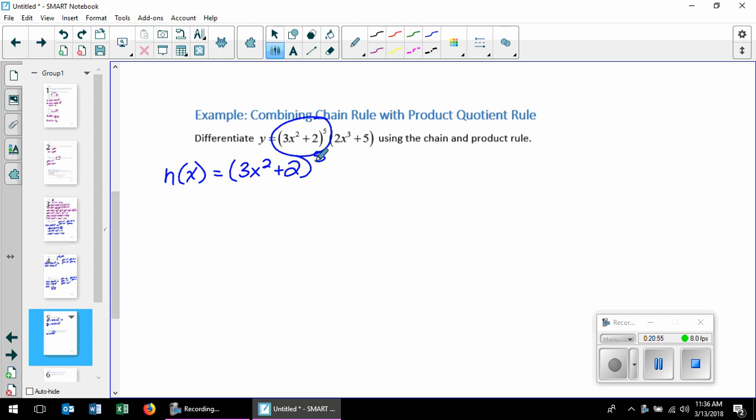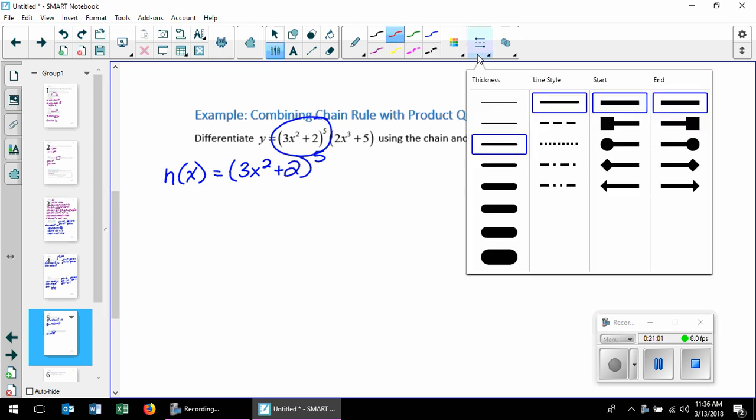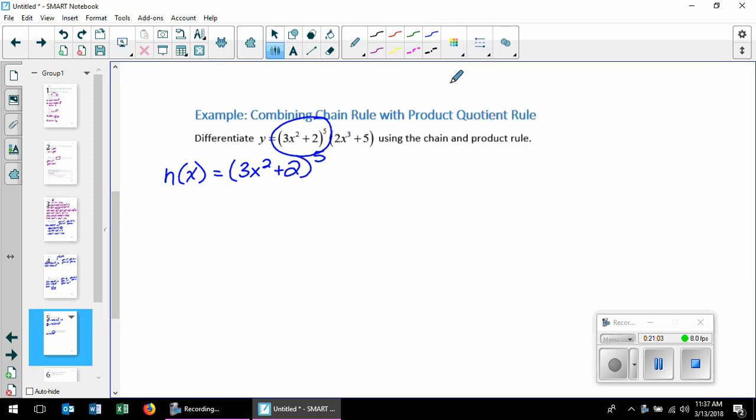So now I'm going to ask you to apply the chain rule to that. Let's break it down into steps just so you can see everything. So my first function here, my f of x, is going to be what? X to the exponent 5. And my g of x function is going to be 3x squared plus 2.